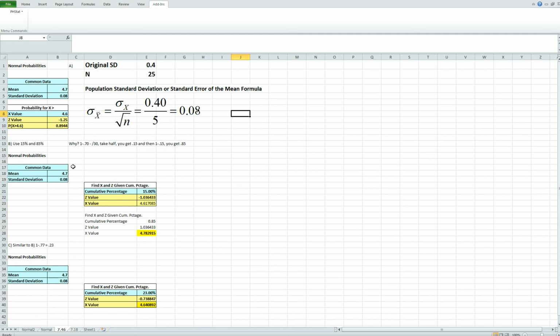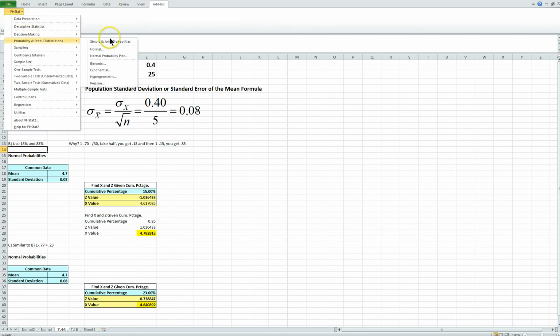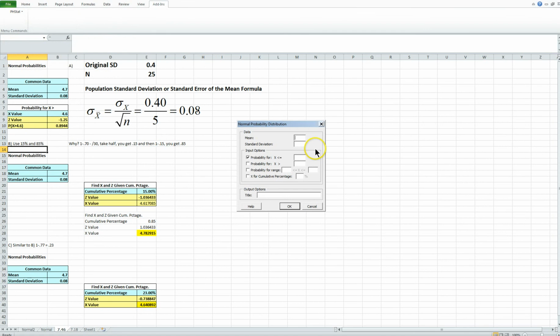So you need to run this twice using the cumulative probabilities. So we have our 4.7 mean, our standard deviation of 0.08, and then run this twice. Once for 15, and then again for 85.